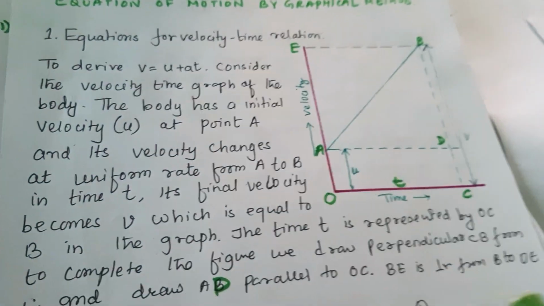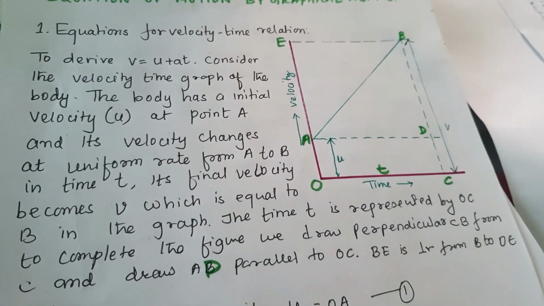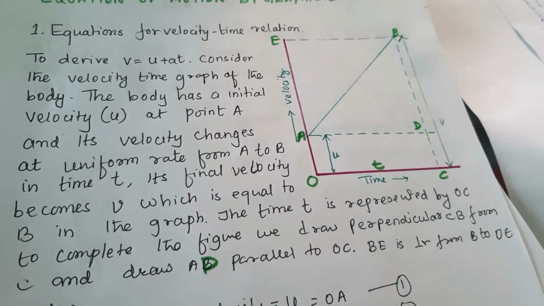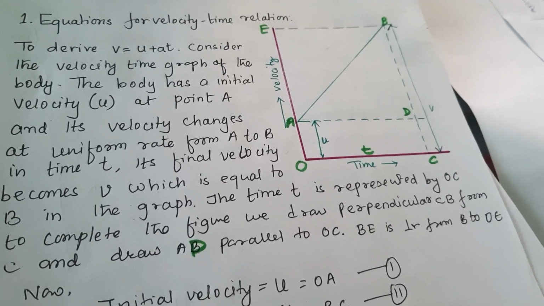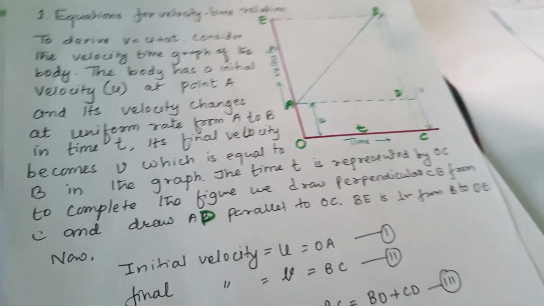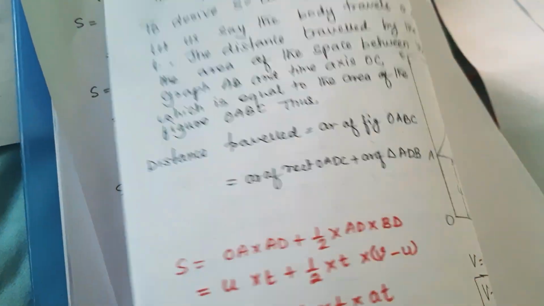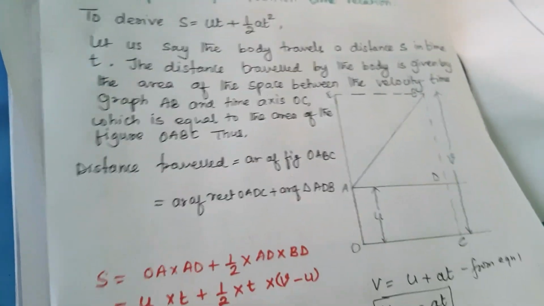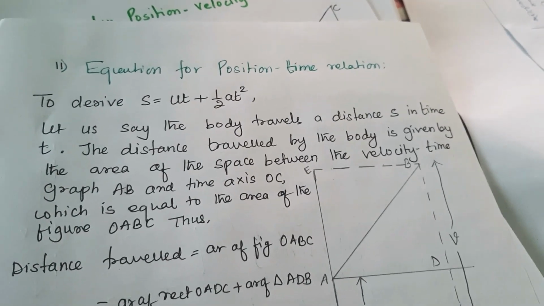There is no displacement, only initial velocity, final velocity, time and acceleration. If any three of these are given to you, you can use this equation to solve the numericals of this chapter.